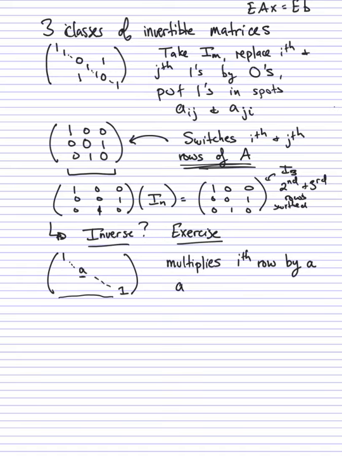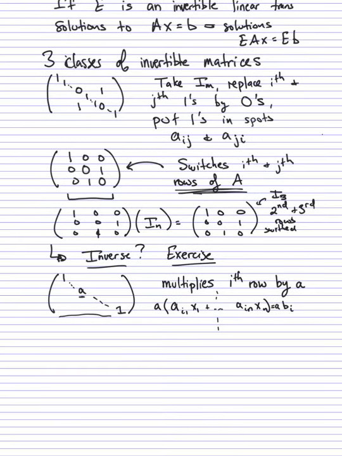So if I take A a_i1 x1 up through A a_in xn equals A b_i, this is part of a system of linear equations, and then I multiply both sides by A, well, then I still get a solution. And that's what's going on here, right? I'm multiplying the ith entry of the b vector by A, and over here I'm doing that.